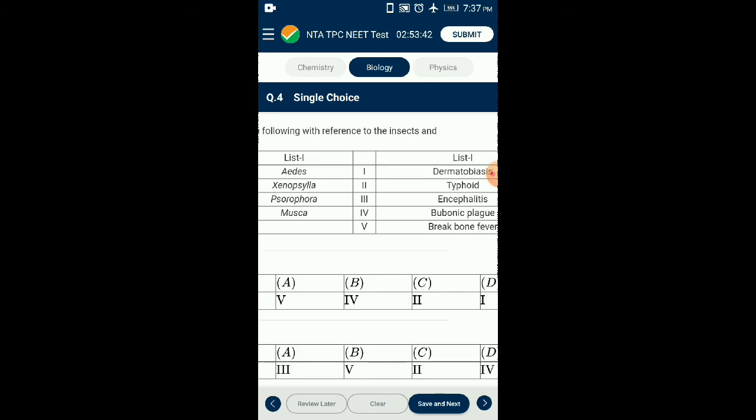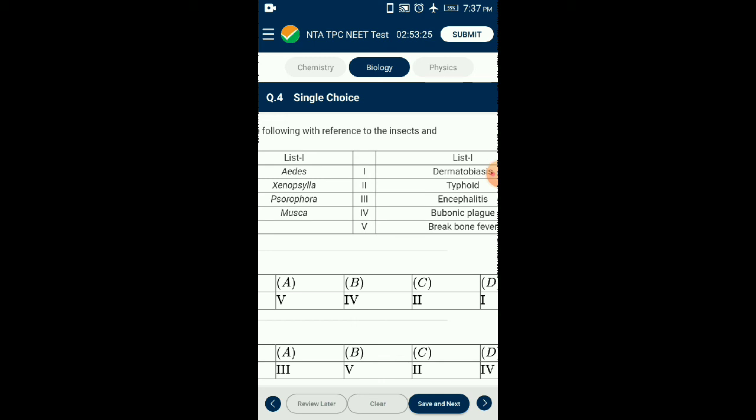Question number 4. Match the following with reference to the insects and diseases. See the first one, mosquito. While you are talking about mosquito, Aedes aegypti acts as the vector for dengue virus, which causes dengue fever or breakbone fever. It is characterized by high fever, headache, and pain in muscles and joints.